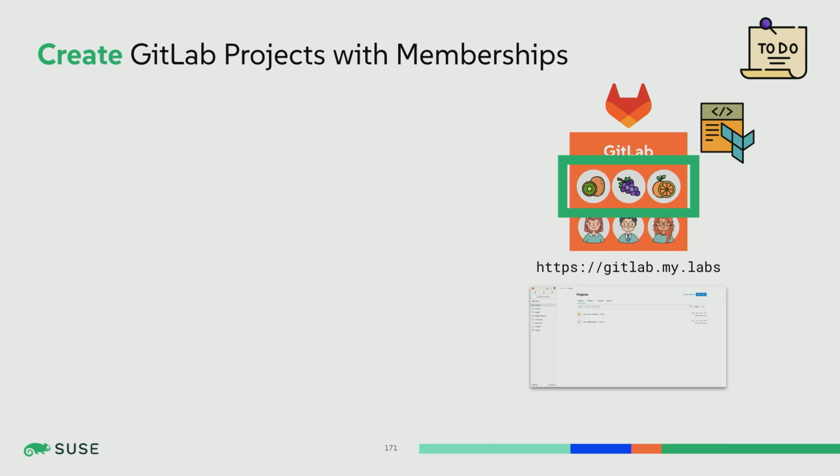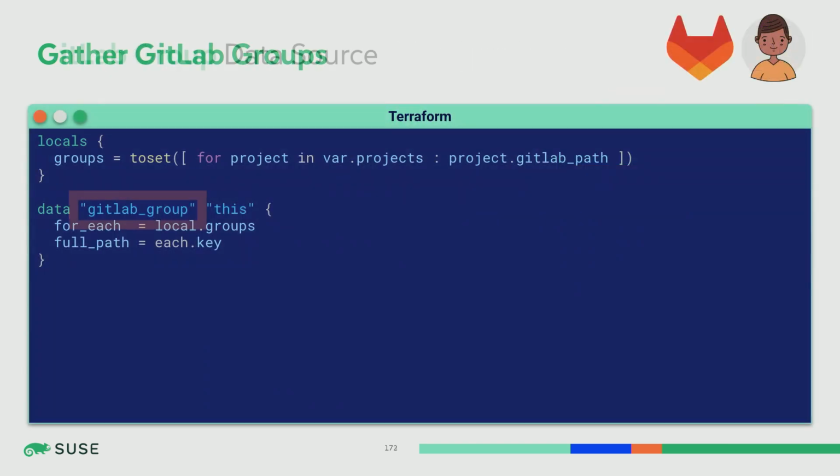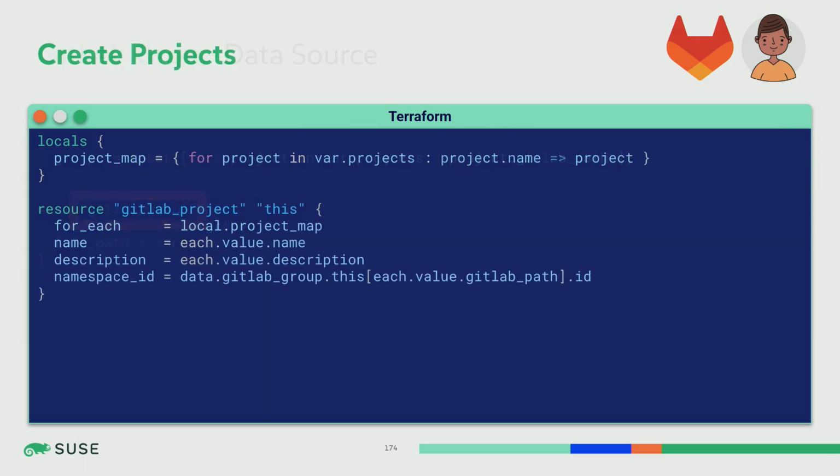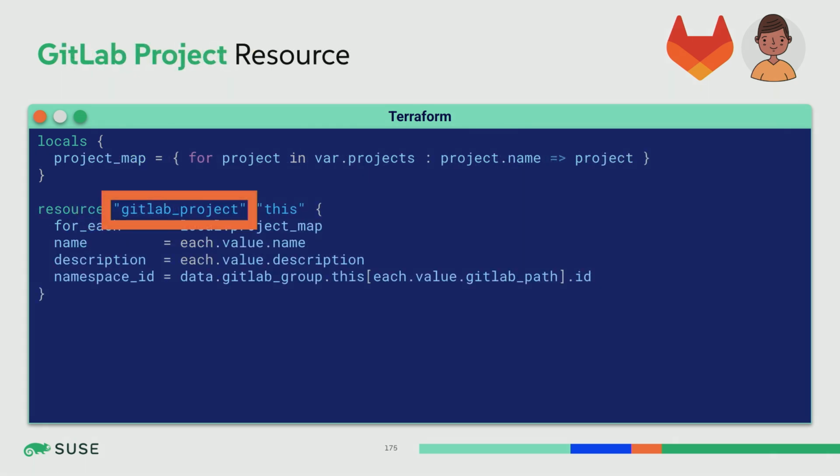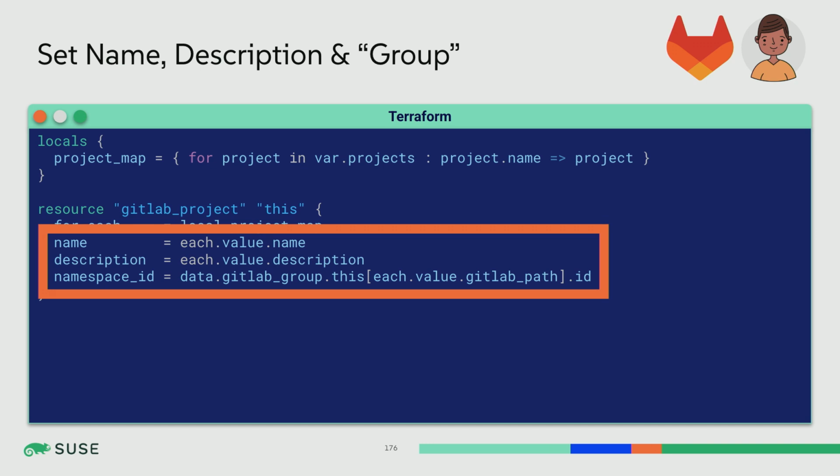So we'll create the Kiwi, Grapes, and Orange projects using Terraform in the GitLab group. We'll gather the GitLab groups that are configured in the project definition file to have the ID of the group to set the GitLab project into it. And then create the project using the GitLab project resource and loop over the project map I presented before, and set the namespace ID as the group it belongs to.